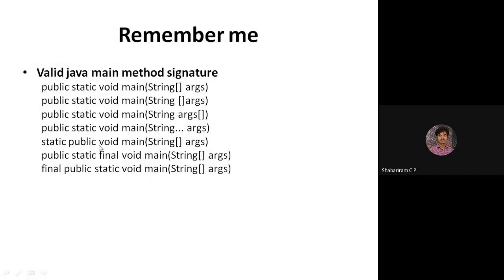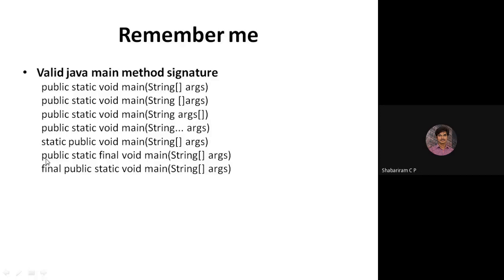In the next case, I have changed public and static. So it is interchangeable. Initially it started with static, then public, void main. Here again, you can also use the possibilities we have discussed so far.